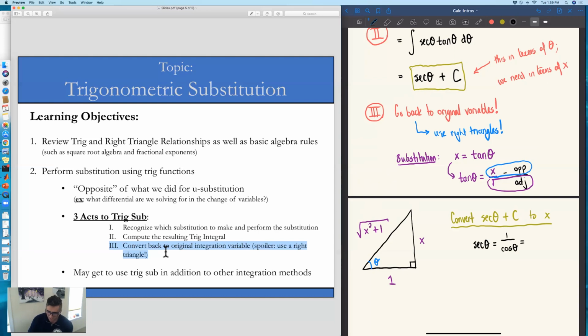Cosine, of course, is adjacent over hypotenuse, which makes secant hypotenuse over adjacent. And we can just read the sides off that right triangle now. So if we look at the hypotenuse, that gives us the square root of x squared plus 1. And then if we look at the adjacent side, well, that just gives us a 1.